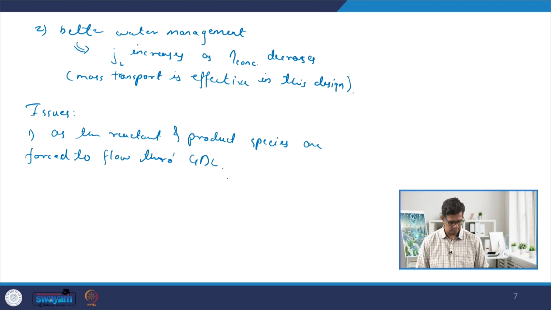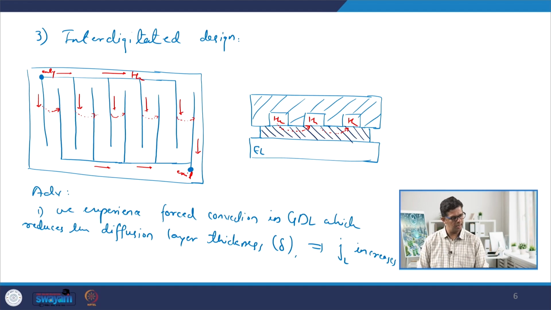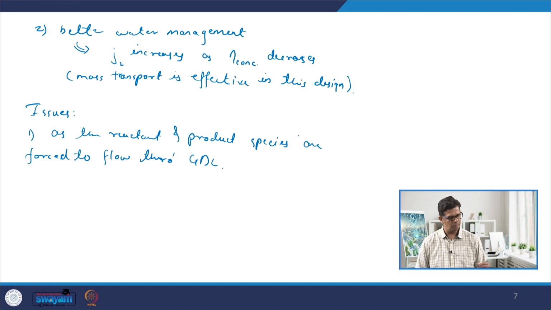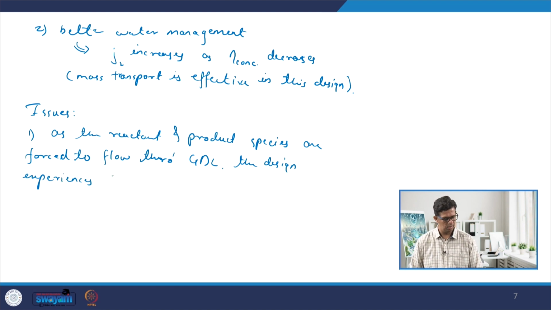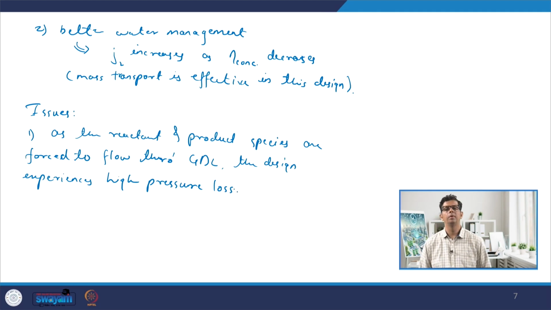So what happens here? The design experiences very high pressure drops. In other words, we need very high energy in terms of pressure energy to force these species to flow through this GDL and through these channels which are not connected to each other.